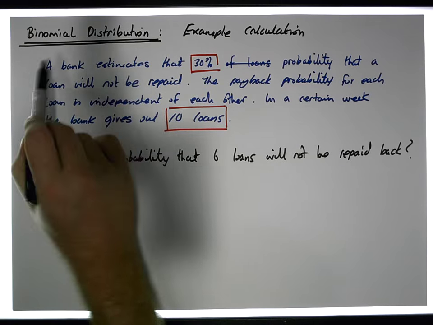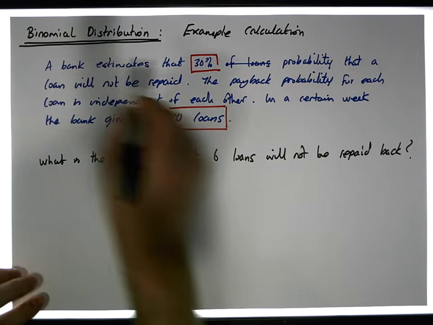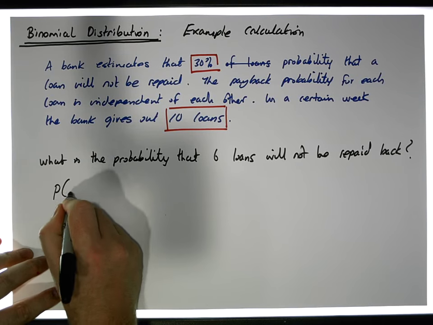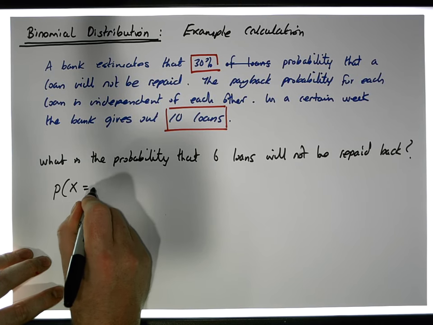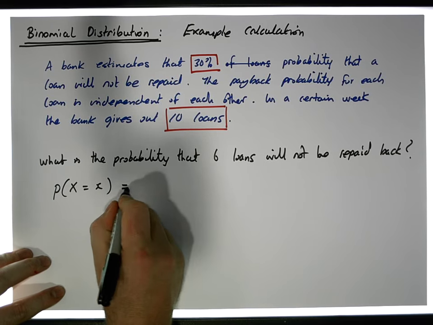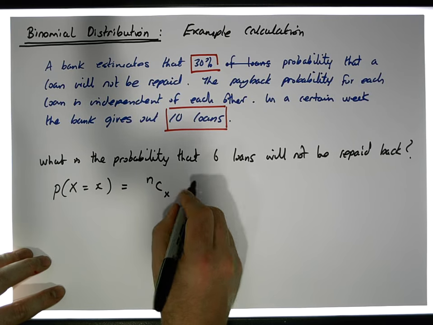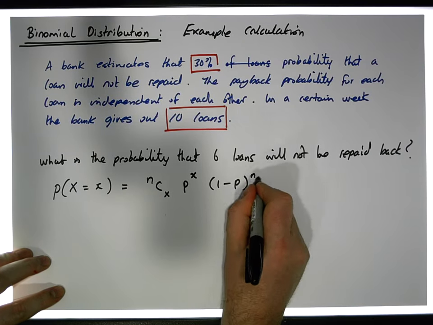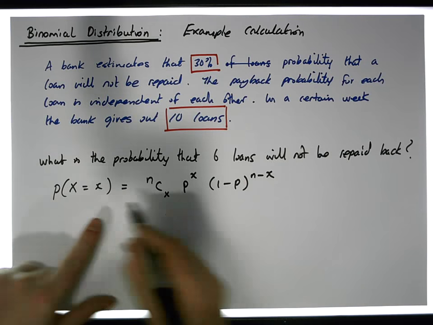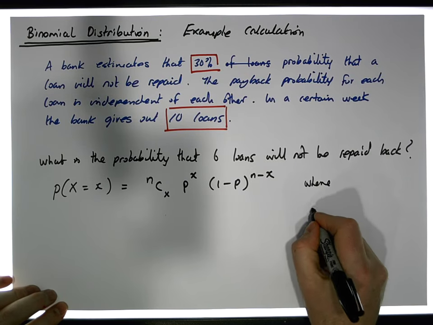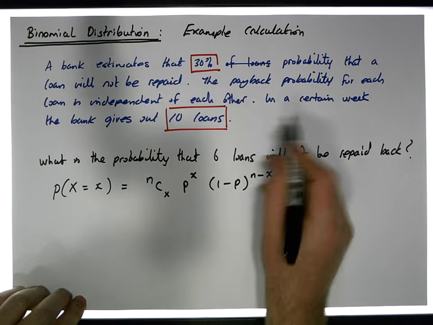And there's a formula that allows us to calculate these binomial probabilities. The formula says the probability that so many things happen is equal to nCx times p to the power of x times 1 minus p to the power of n minus x. I have to tell you what all these things represent, where n represents the total number of objects.